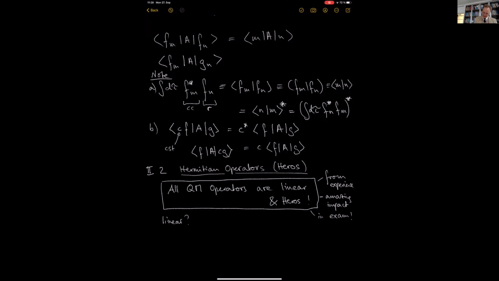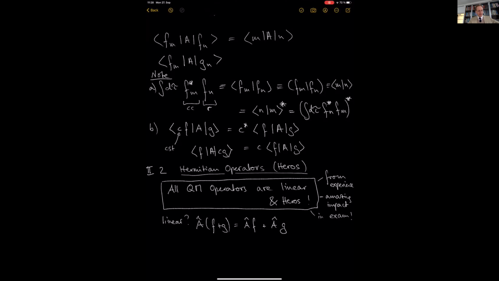Linear simply means that if you have an operator that acts on two functions, it can be factored out, so you can write it like this. And reversely, if you have a bunch of terms that result from operating the same thing on them, you can factor out that operator.